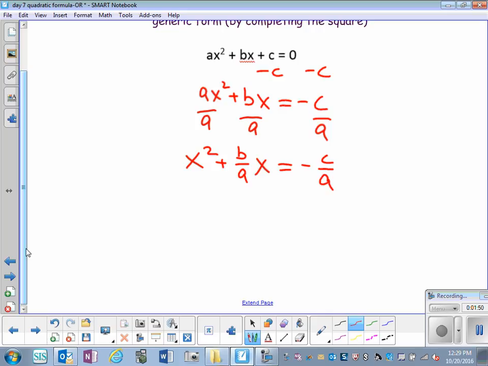Now I can complete this square. How do I do that? What do I do next? Yes, so I need to take my b coefficient, which is actually b divided by a already. But that's my b in the standard form, right? I divide it by 2, and I take the square of it, correct?